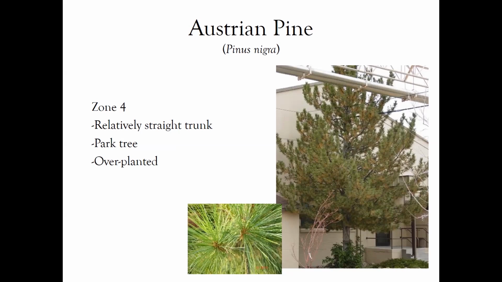They are quite overplanted, and they are susceptible to iron chlorosis in soils here in Utah. They typically don't live a long time because they don't like the heavier soils as much. But I've seen a number of large Austrian pine that have been around for many, many years.